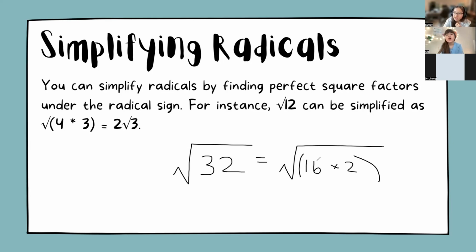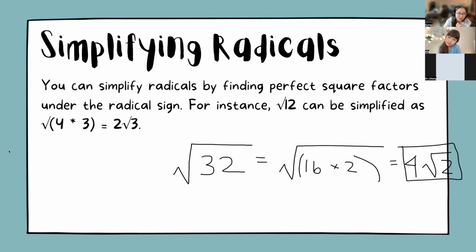And 16 does have a square root, and 2 does not. But because of this, we can further simplify it to 4 times the square root of 2. And so the square root of 32 is equivalent to 4 times the square root of 2.